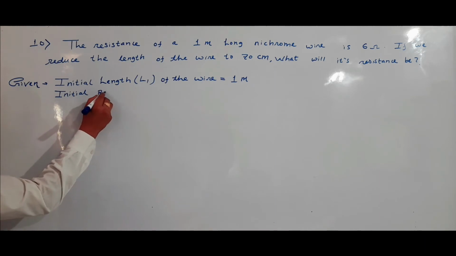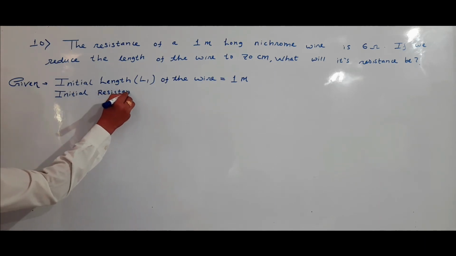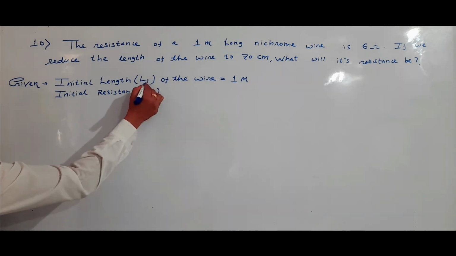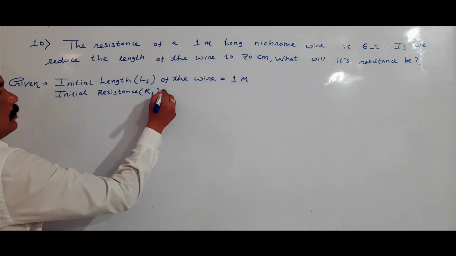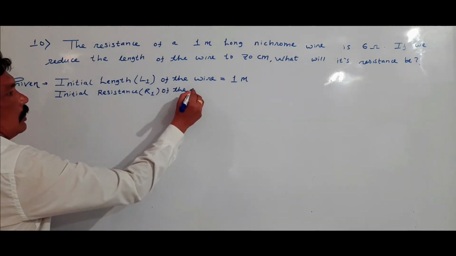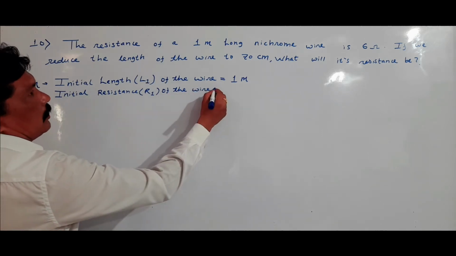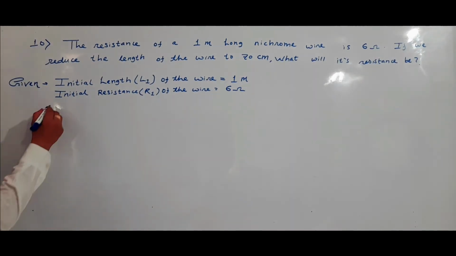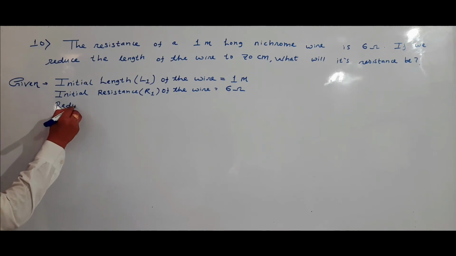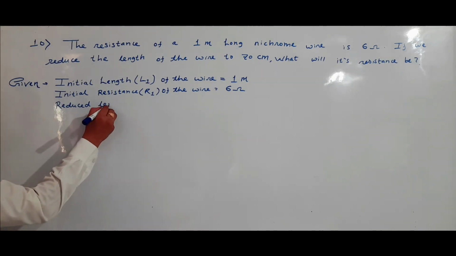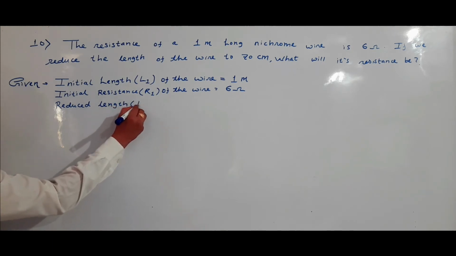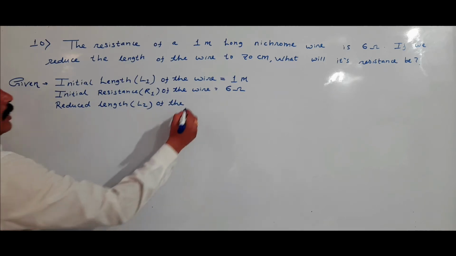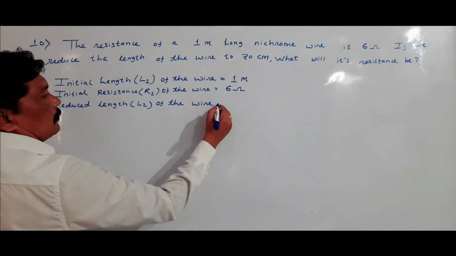Initial resistance R1 of the wire is equal to 6 ohm. Reduced length L2 of the wire is 70 centimeter.